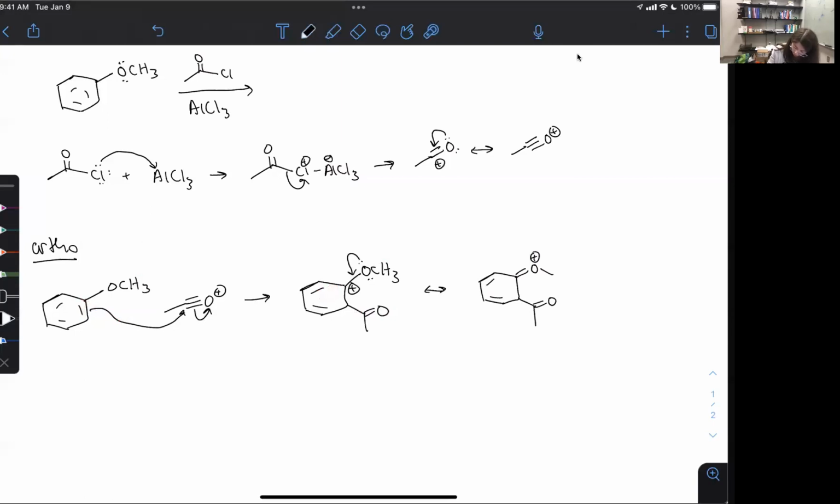I'm going to do that in 2 steps, and then we get to use that pi bond as well, to get us that carbocation, one more little resonance structure here.